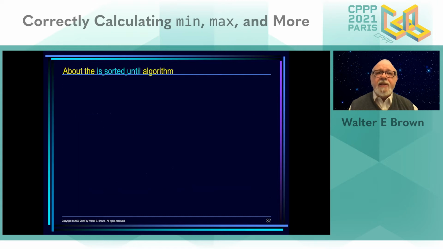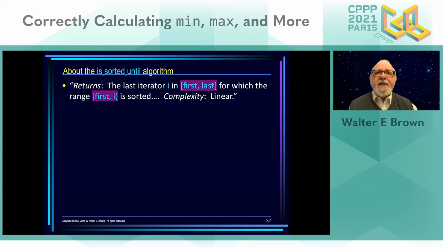Now, let me tell you just a little bit about the is_sorted_until algorithm. The specification in the standard says that it returns the last iterator I in the closed range [first, last], for which the open range [first, I) is sorted, and it does this with linear complexity.